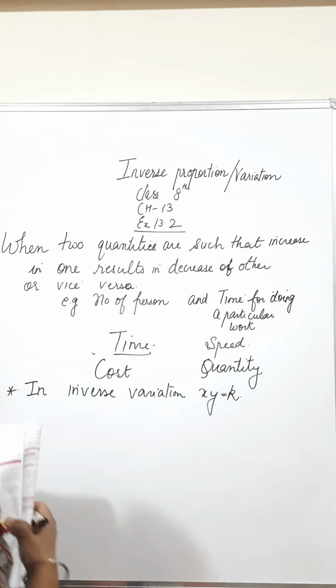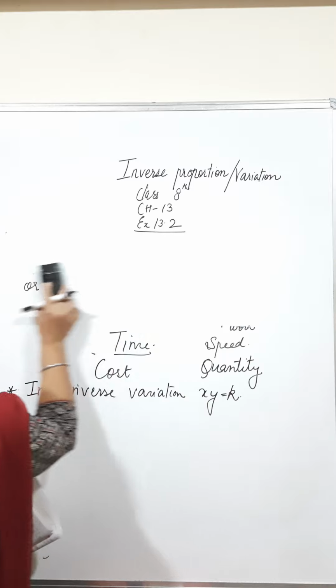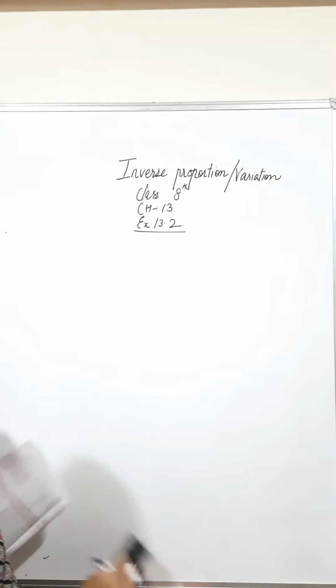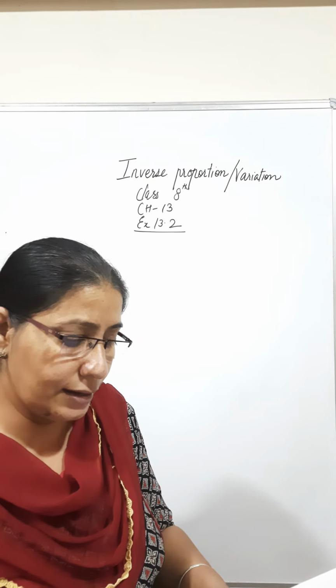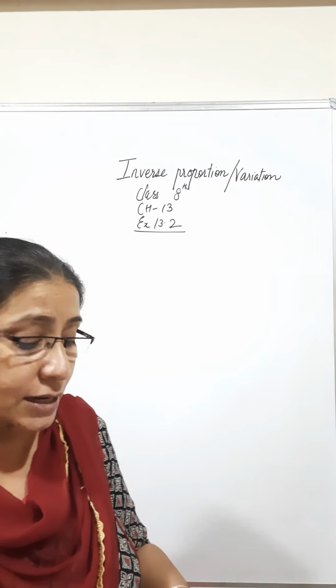Now, beta, taking up these, we will be starting with the first question of the exercise. In the first question, again, as in the previous exercise, we have to discuss whether the given cases are inversely varying or not.